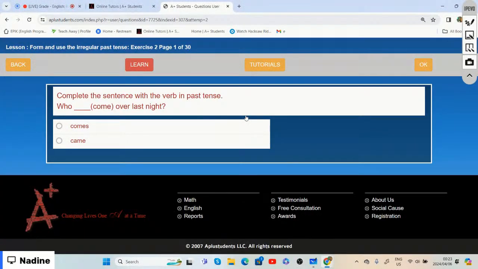It says who come over last night? Do we say who comes over last night, or do we say who came over last night? What is the past tense of come? Is it comes or is it came?